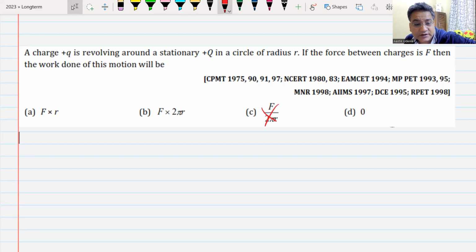Yes, which is the correct option? And the correct answer is 0. Force is perpendicular to the displacement. It is moving on an equipotential surface. So the work done by this force is 0. No problems here. Do we understand this? Yes, sir.